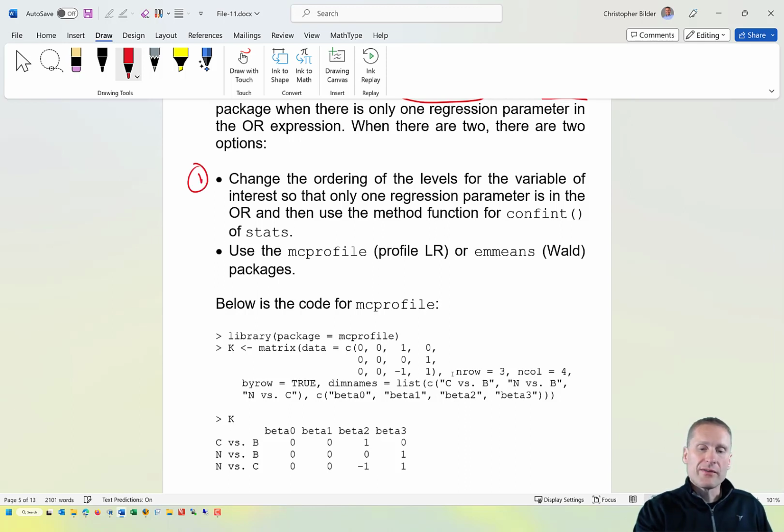The first one you could say is almost a little bit of a trick. What we could do is change the ordering of the levels for the variable of interest so that with a different base level, we will only have one regression parameter that we need to work with.